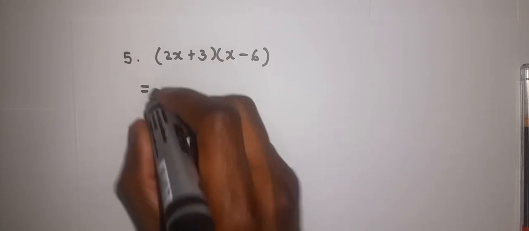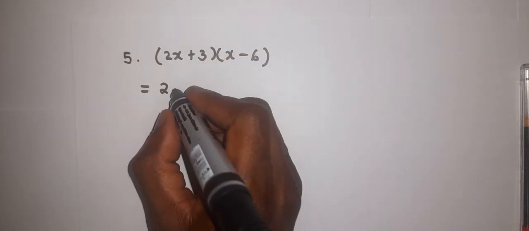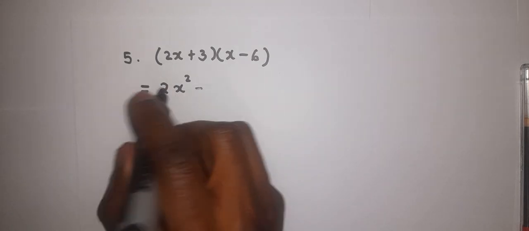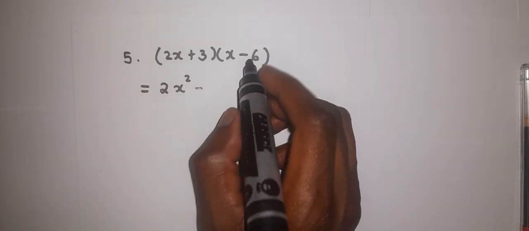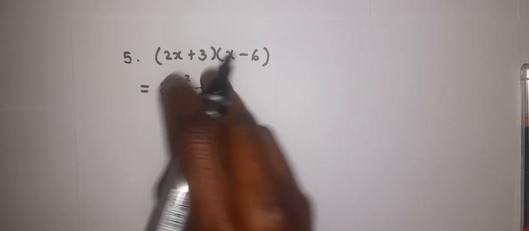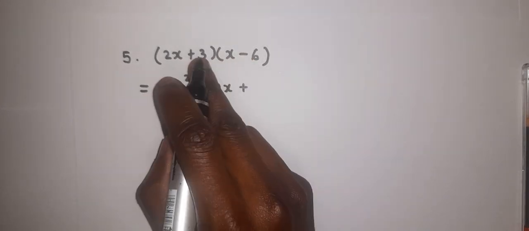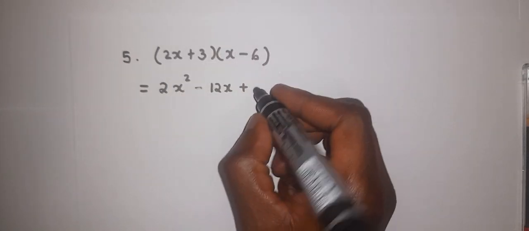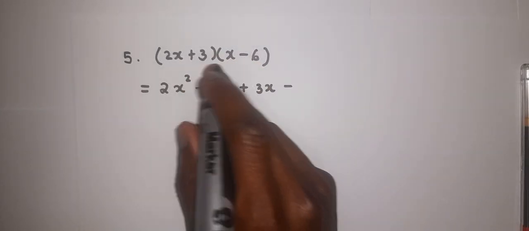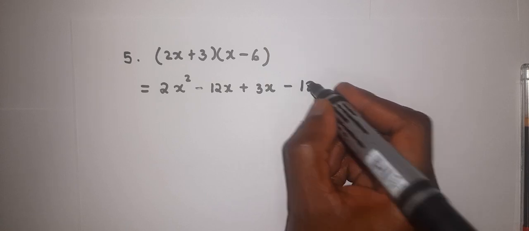Then 2 times 1, which is 2, x times x, x squared. Positive, negative, negative. Then 2 times 6, that's 12x. Then positive times a positive is another positive. 3 times x is 3x. And then positive times a negative is a negative. 3 times 6 is 18.